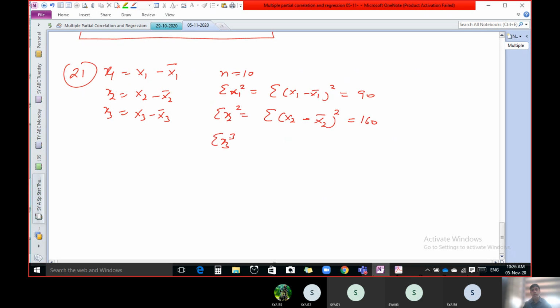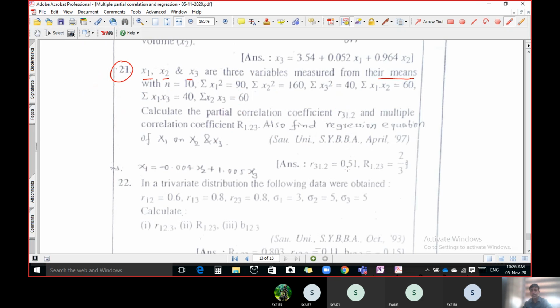Sigma x3 square is nothing but sigma x3 minus x3 bar the whole square, and it is 40. Sigma x1 x2, this is nothing but sigma x1 minus x1 bar, x2 minus x2 bar, and that is 60.